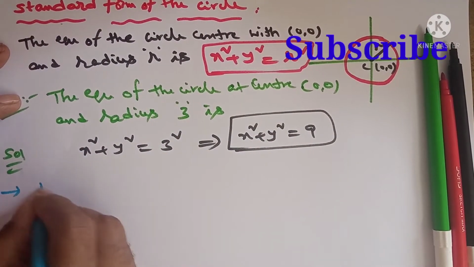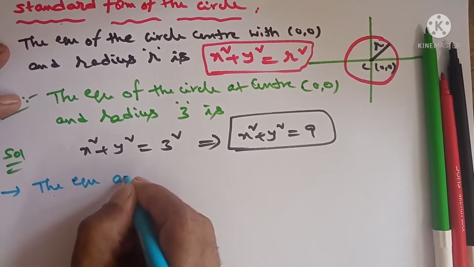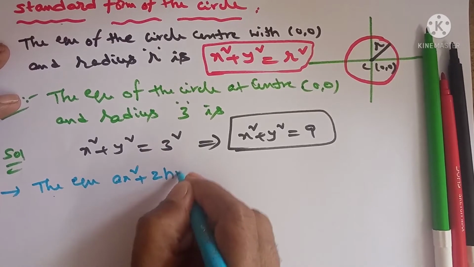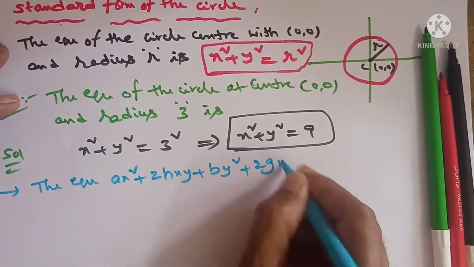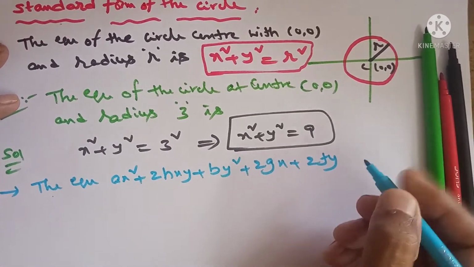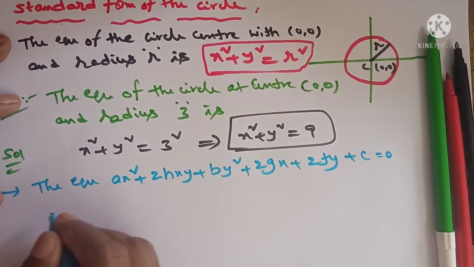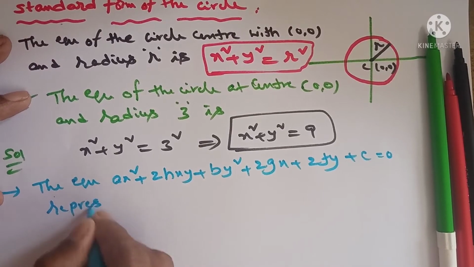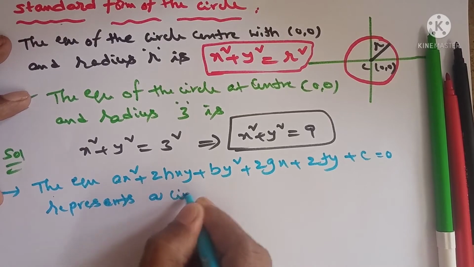The equation ax square plus 2hxy plus by square plus 2gx plus 2fy plus c is equal to 0 represents a circle.